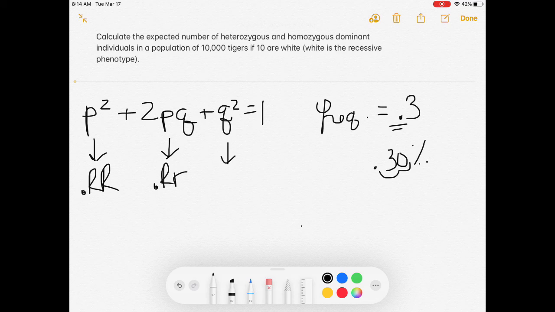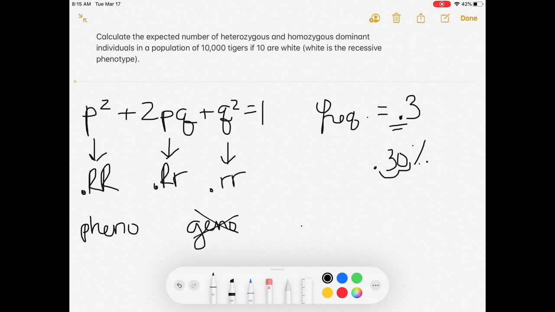And our q squared is how many individuals are little r in our population. Now, in any given problem, you're really only going to know the phenotypes of individuals in that population. You're not necessarily going to know their genotypes.